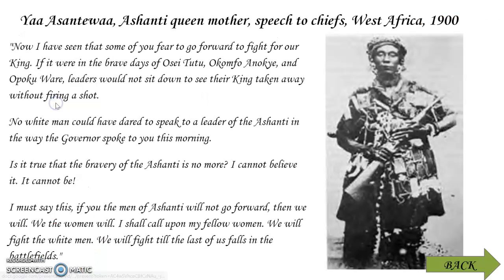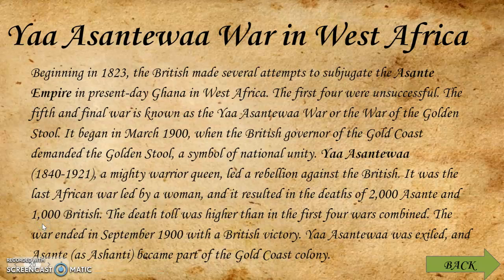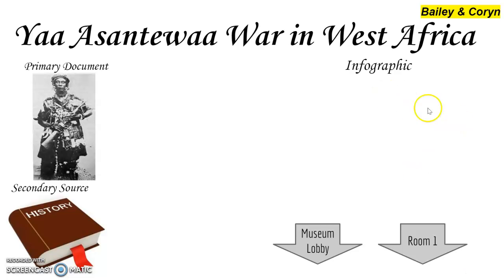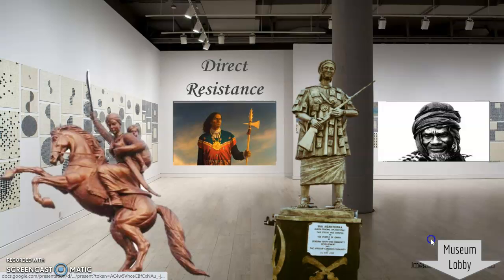There's a primary document. I can read that, and then I can go back. I can go to a secondary source, which is great, but I'm still missing a ton of information, right? There's an infographic here that is missing. It's the same for all of these. They all have things to do.